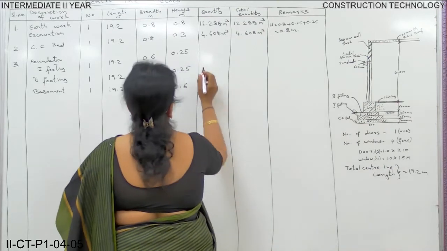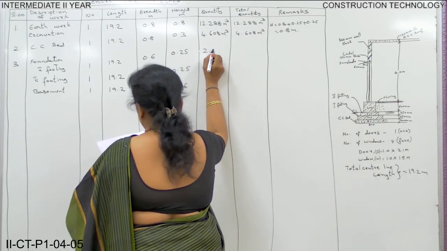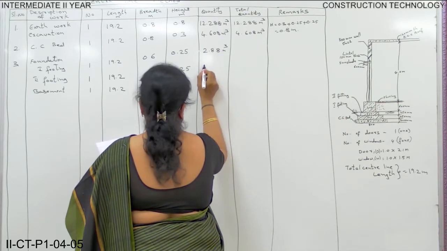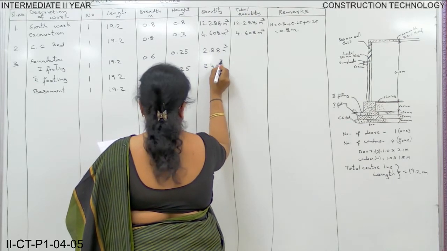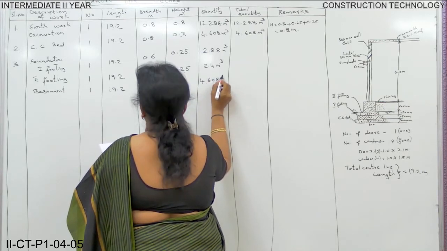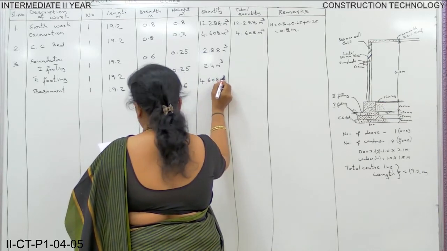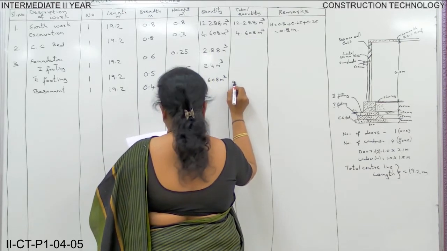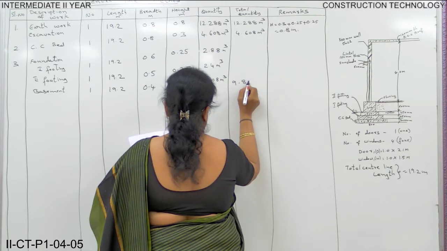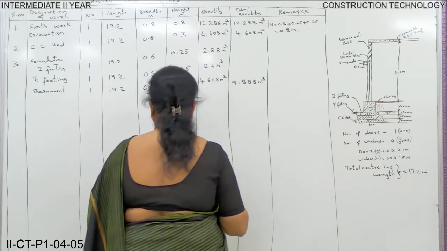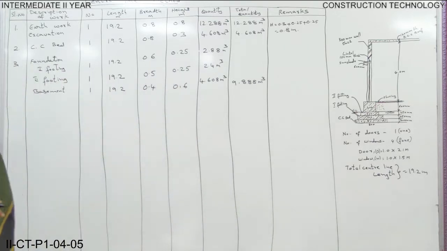For first footing it is 2.88 cubic meter, 2.4 cubic meter, 4.608 cubic meter, and the total is 9.888 cubic meter. Is it clear?